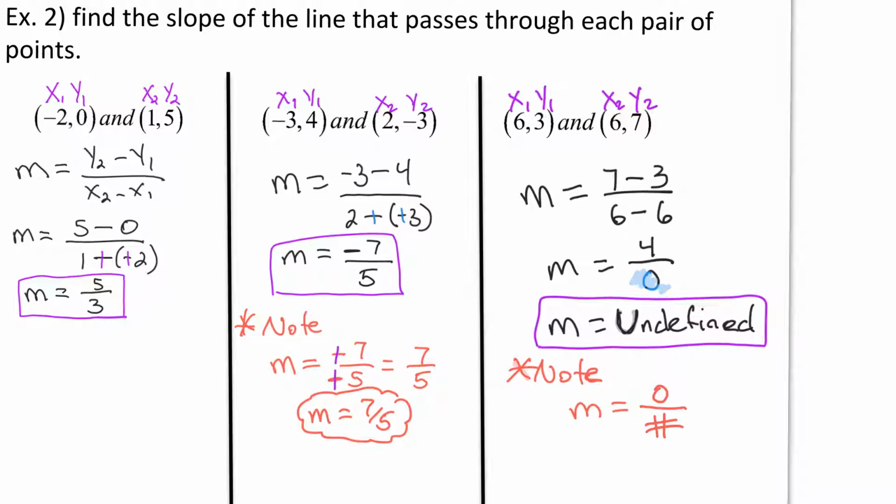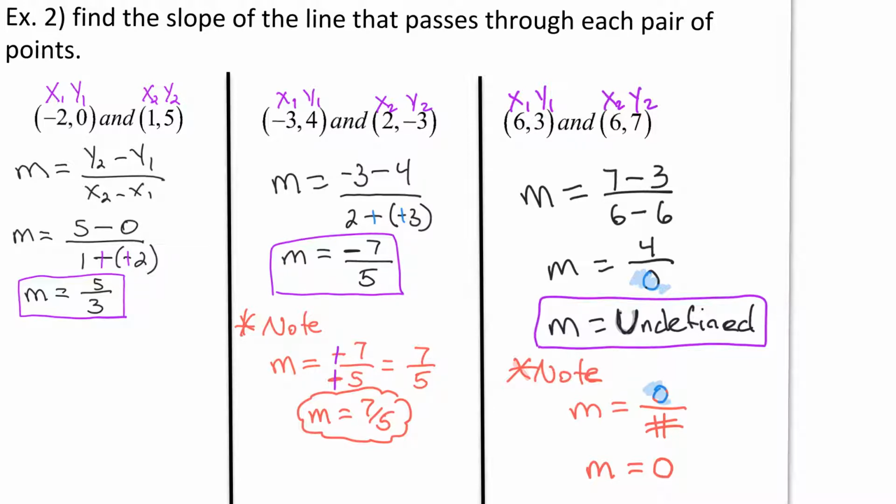But if the 0 is on the top of the fraction, your slope is going to be 0. Let me do that again. 0, right there. So a fraction with a 0 on the top is 0. And let me just highlight that again. You guys can see the 0 on the top right here. So that's going to be 0.